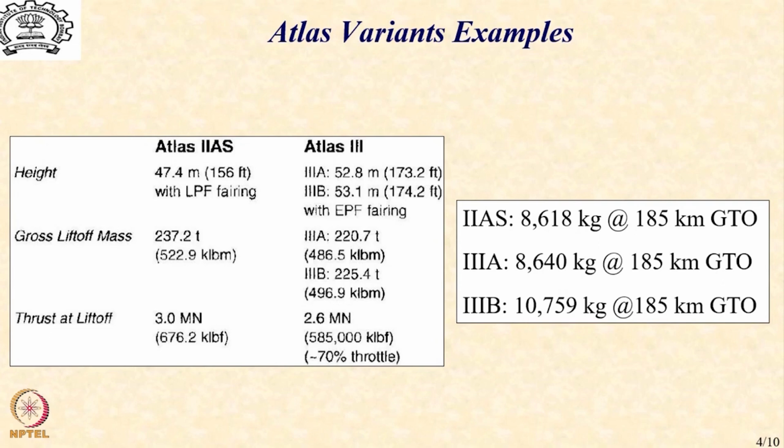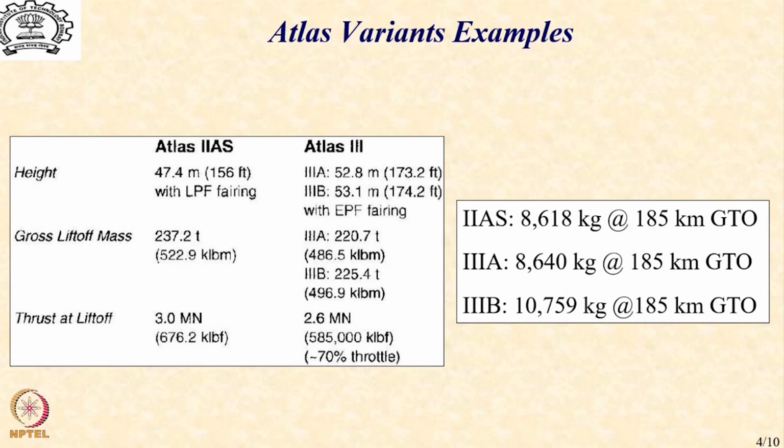Atlas 3B, in which there is about 5 tons extra mass compared to Atlas 3A, we are able to launch almost a 2000 kg extra mass for the same mission.